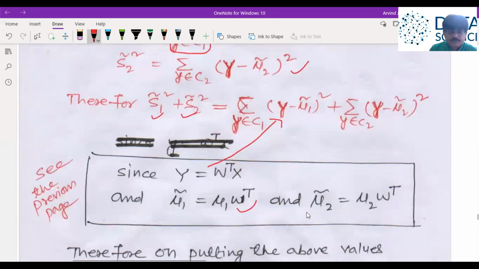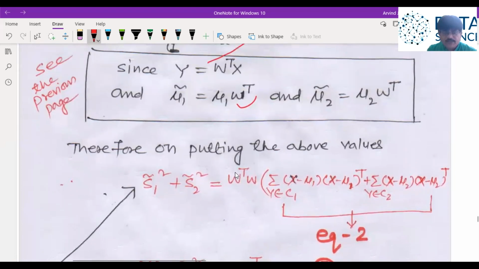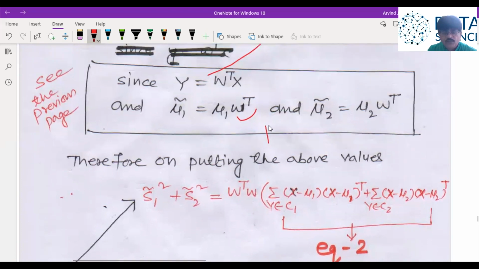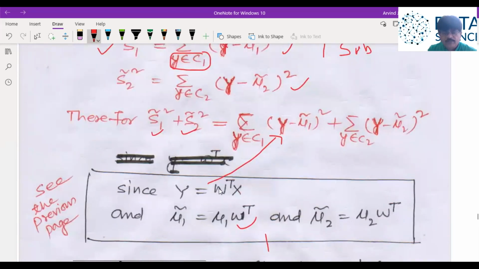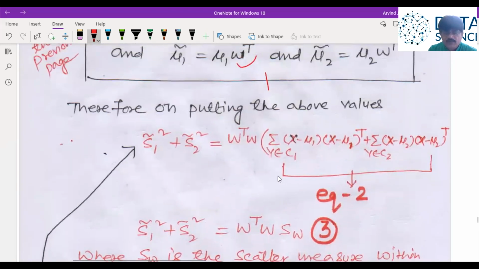Now coming over here, S1 square plus S2 square. Therefore, on putting the above values, in place of Y I am putting W transpose X, and in place of mu, I am putting mu into W transpose. Okay, so the equation comes out to be like this.